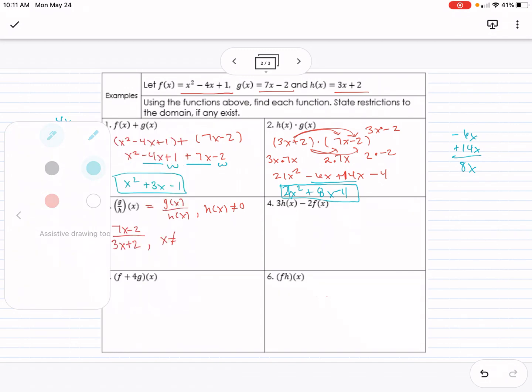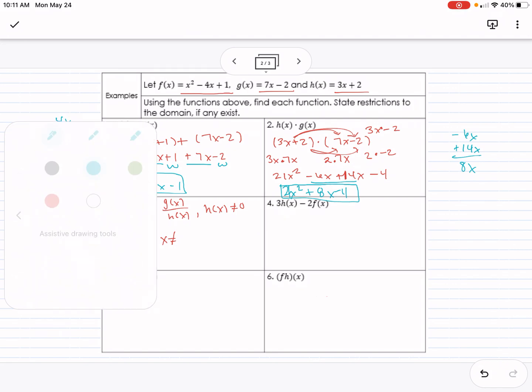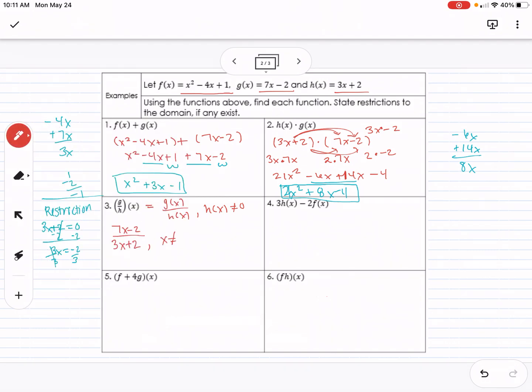So I'm going to solve the restriction here on this side. So I'm taking my denominator, 3x plus 2, and I'm going to set it equal to 0 and solve for x. So I get negative 2/3. So I'm going to put that in my restriction, so x cannot equal negative 2/3, because when it does, my denominator would equal 0, and we cannot divide by 0.